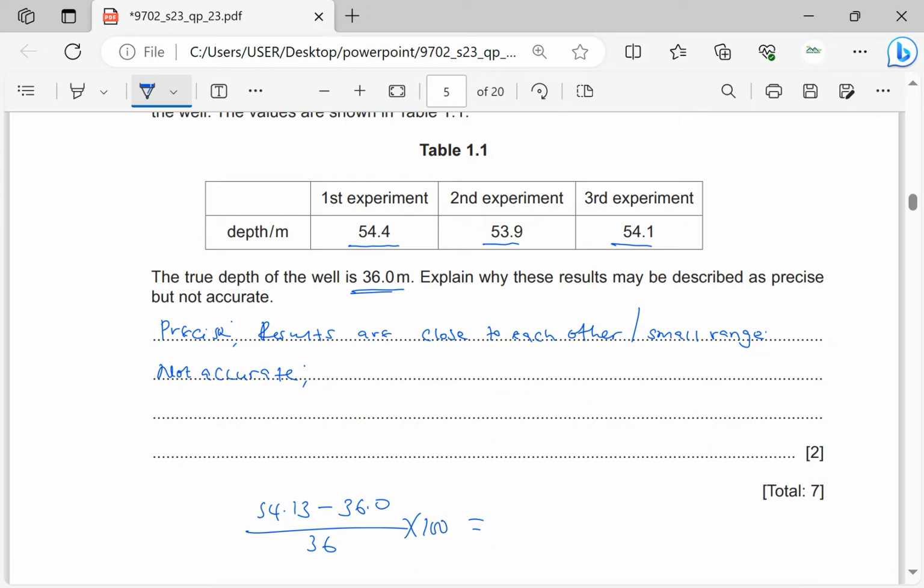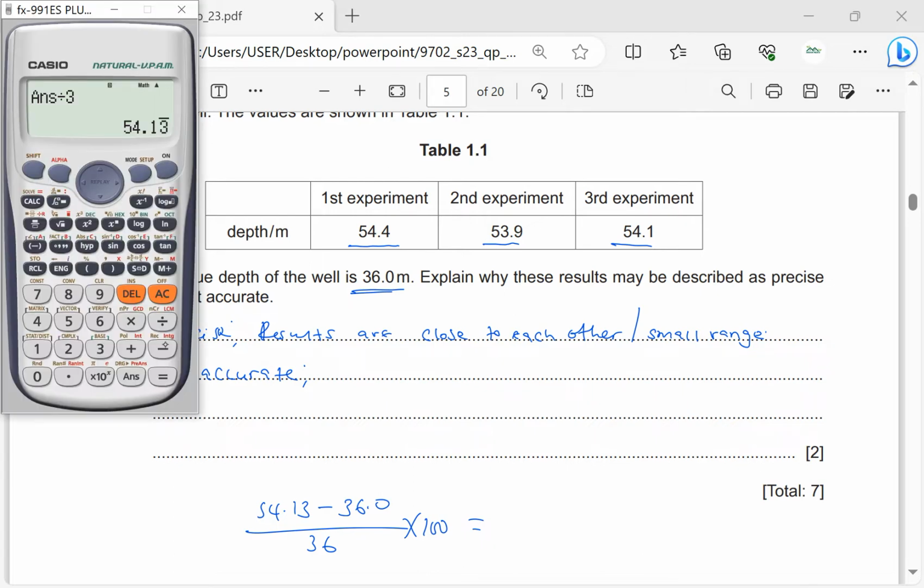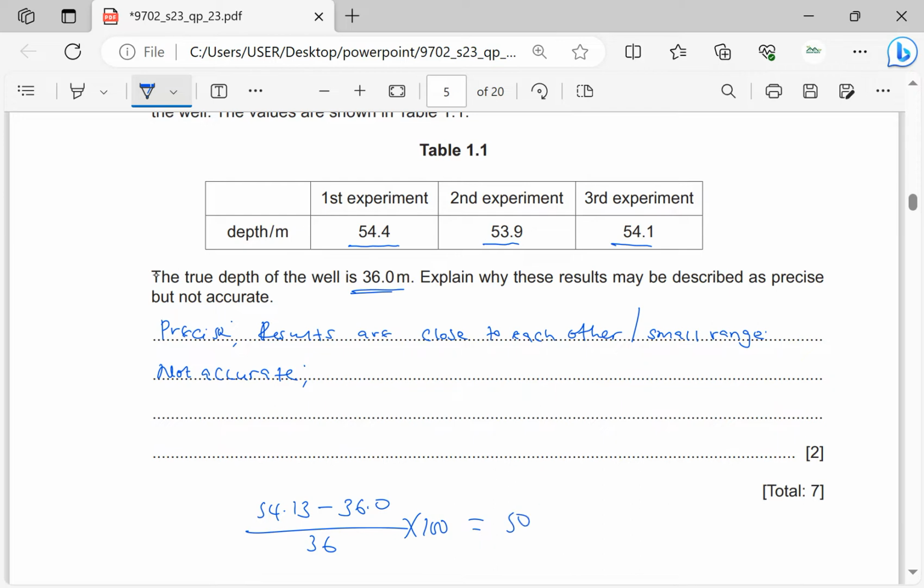I just want to find the percentage difference in the values. So minus 36 divided by 36 times 100, it's almost 50%. So the values are not accurate because the percentage difference from the expected value is about 50%.